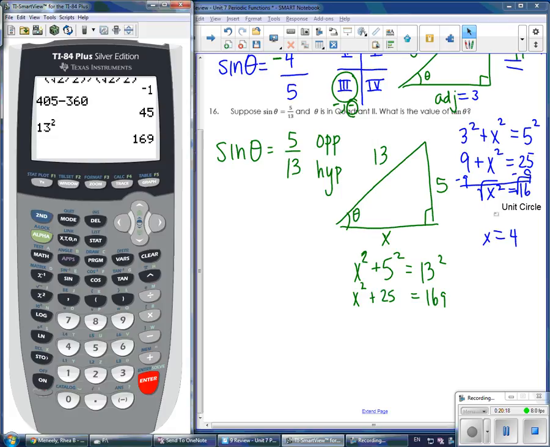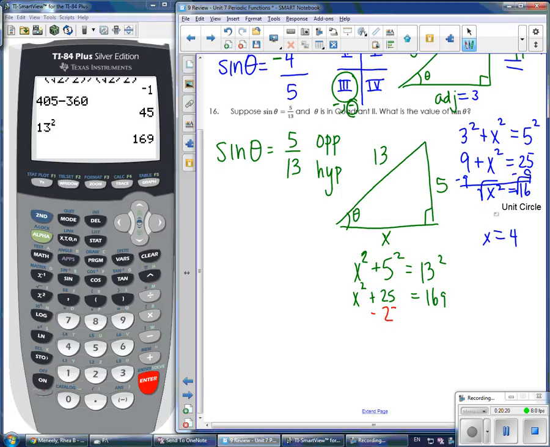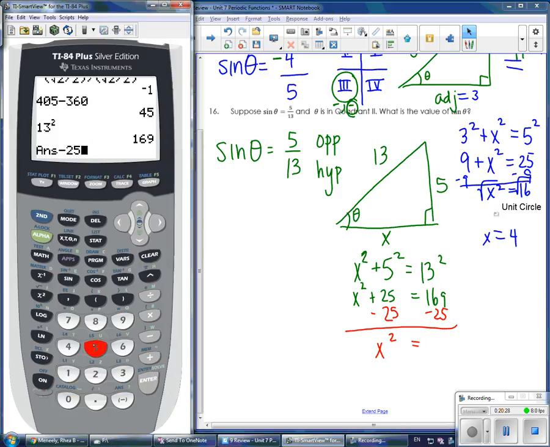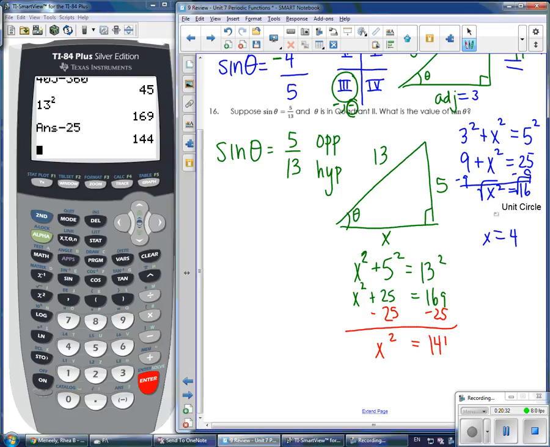And so if I want to solve for x squared, I'm going to subtract 25 from both sides. And then we'll have that x squared is equal to 144. And if you take the square root of 144, hopefully you recognize that as 12. Now it could be negative 12, so we've got to pay attention to what quadrant we're in.